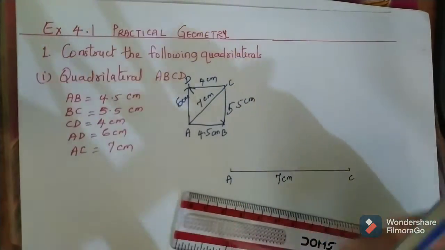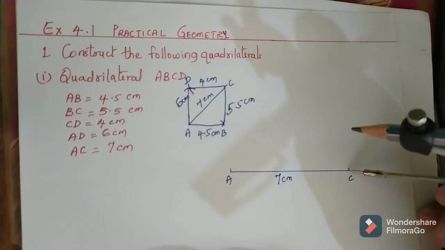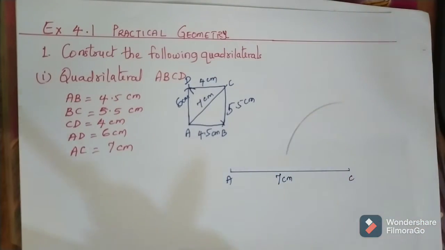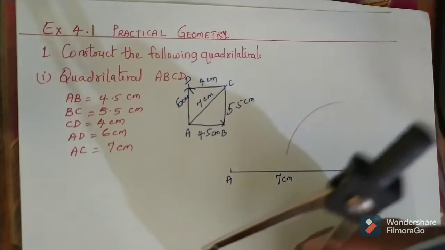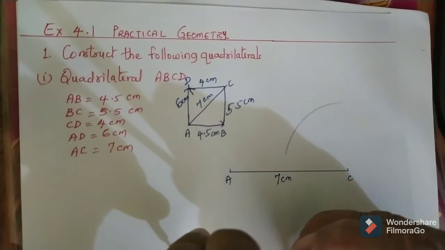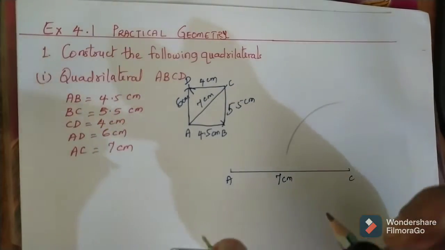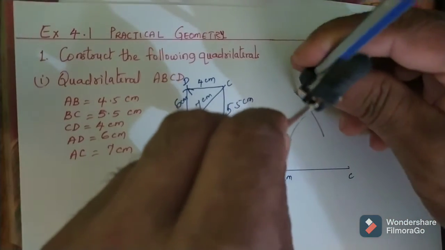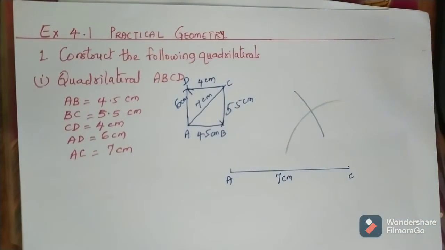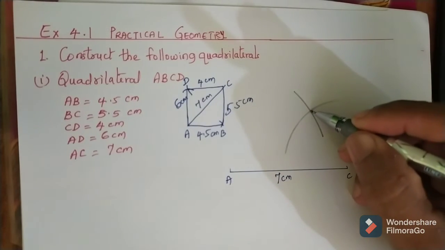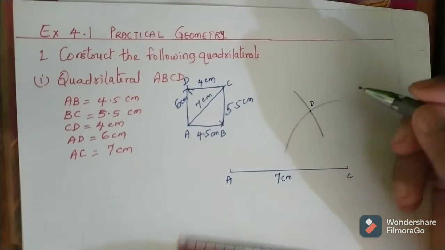You can see 4 centimeters from C. Draw an arc like this, and from A we will take 6 centimeters. So that is the point D, and the point that we get is D.